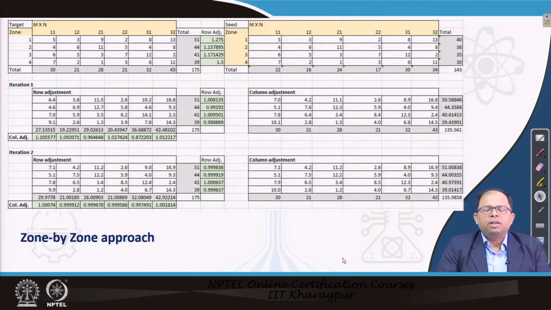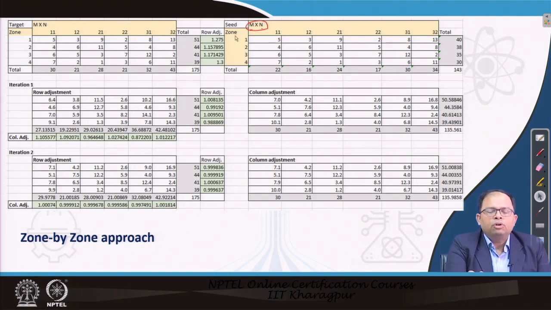In this example you can see that we have taken a higher dimension, m into n. So we have increased the number of groups from the last example. There are three categories of m and 2 categories of n. That's why we have groups like 1 1, 1 2, then 2 1, 2 2, and 3 1, 3 2. And suppose we have 4 zones.